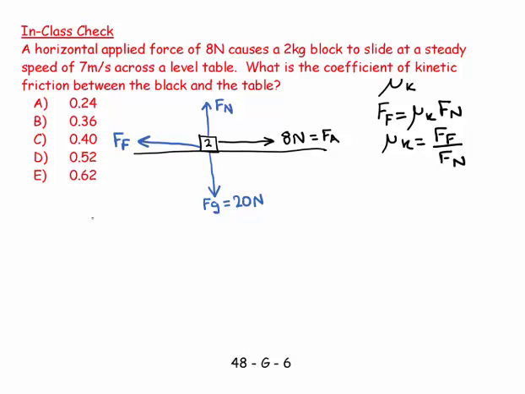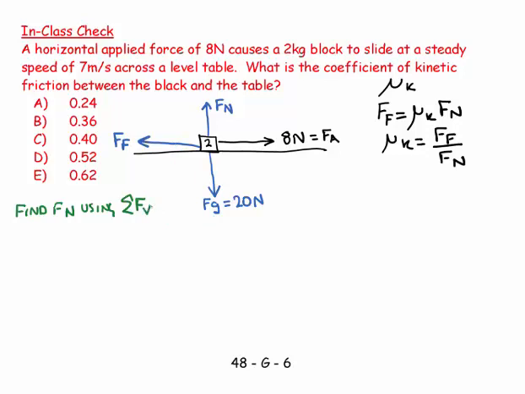So what do I do? I say, find Fn using the sum of the forces. I'd like to ignore Ff, so I'm going to draw a line vertically.